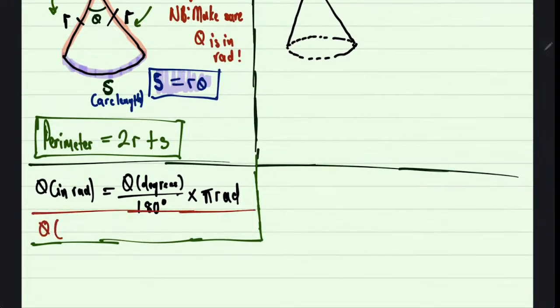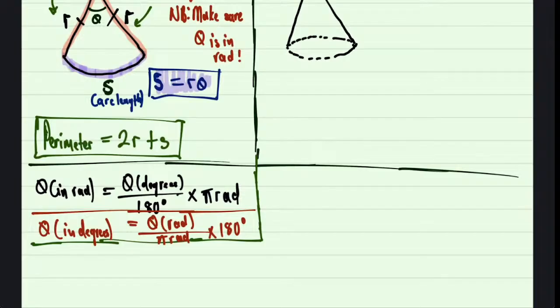If you want theta in degrees, you'll be having theta in rad, you divide it by pi rad, and you multiply by 180 degrees.